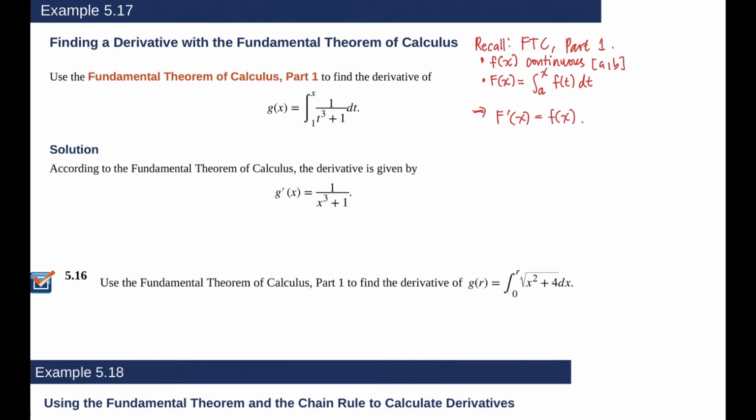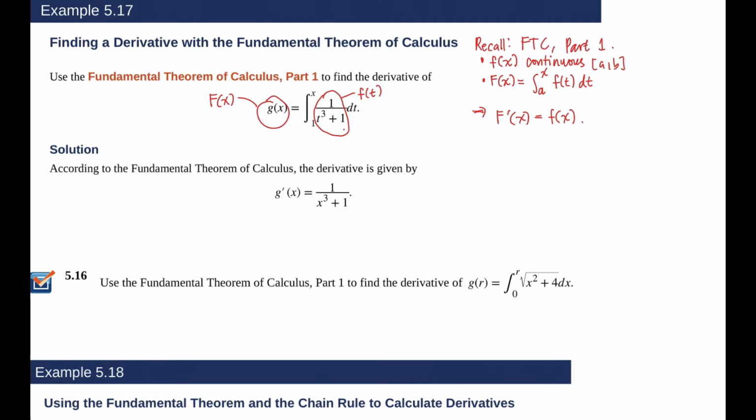So for this case, we have g of x equal to the definite integral of 1 over t cubed plus 1 dt from 1 to x. So this corresponds to our big F of x, and 1 over t cubed plus 1 corresponds to our small f of t.